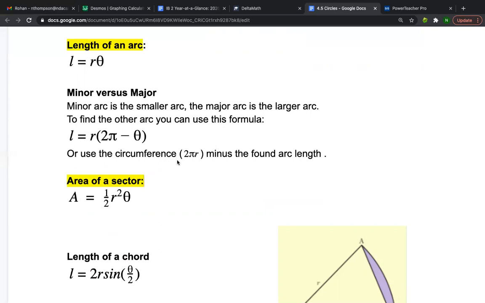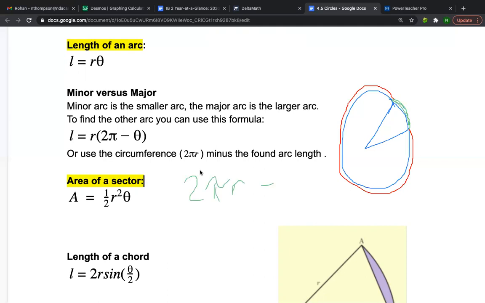If I have a circle and this pizza slice and they want me to find the major arc, the major arc is this red crust. We find that red arc by doing the blue circle, the circumference, 2 pi r, minus the small arc, which we know to be r theta. See how these both have r in them? They just factored it out, and that's how they get this formula. It's the same thing, just a different way of writing it.